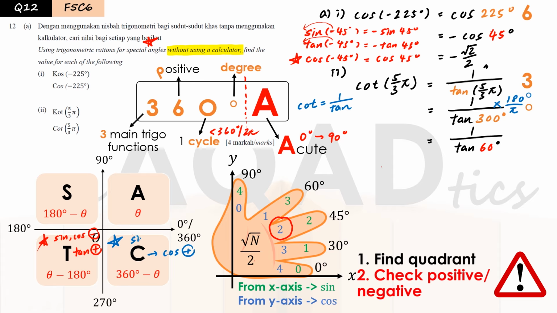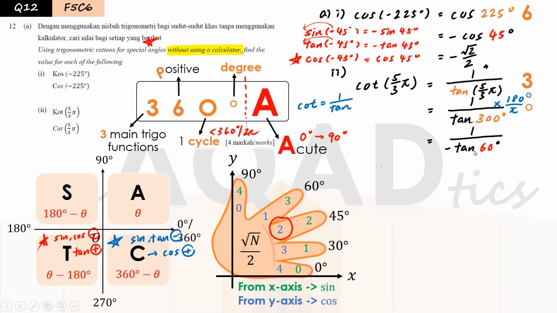The rest of the trigo functions, which are sine and tan, are both negative. So since we have tan, the value here is negative, so we add a negative here.